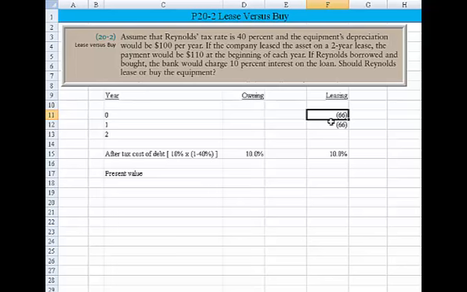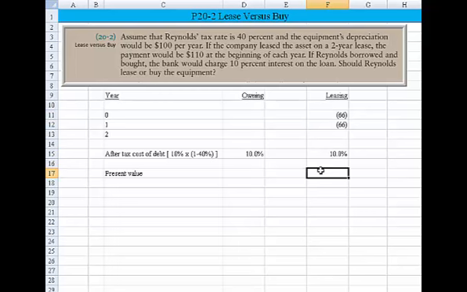Let me hit the F2 key so you can take a look at how I came up with $66 as the proper amount. I took the $110, made it a negative since it's an outflow, and multiplied it times 1 minus the tax rate so that we can see what the after-tax payment amount would be. And then the second year it's the same amount.